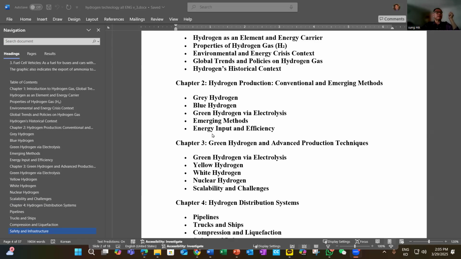And it is important to understand energy input, efficiency, and scalability challenges. Now, today, we would like to focus more on green hydrogen. Green hydrogen is the most typical hydrogen production method.